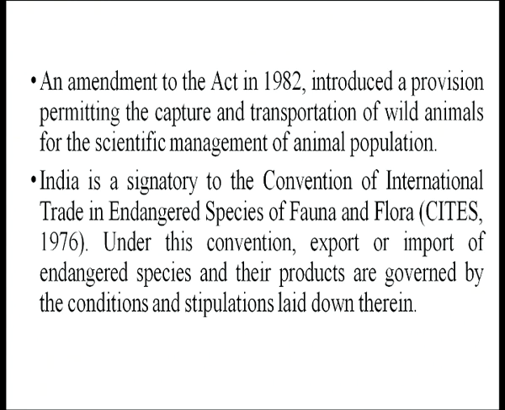India is a signatory to the Convention on International Trade in Endangered Species of Fauna and Flora. Under this convention, export or import of endangered species and their products are governed by the conditions and stipulations laid down therein.